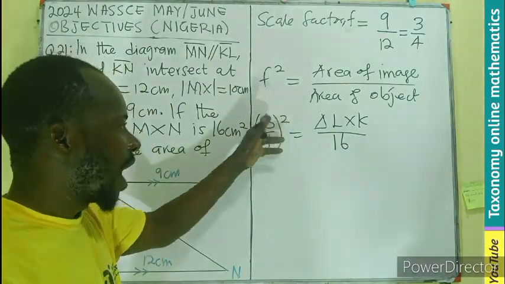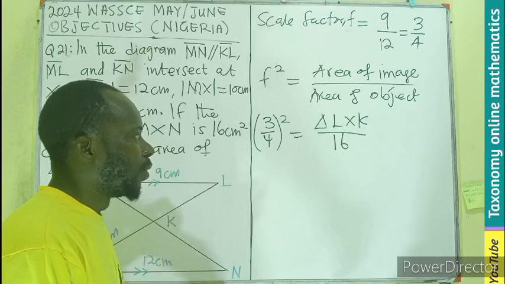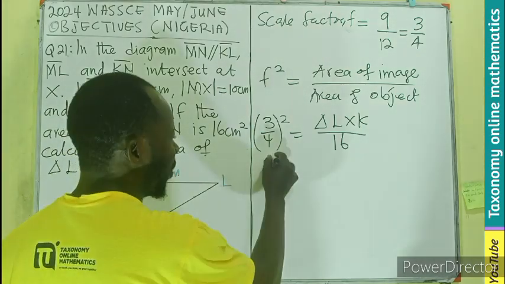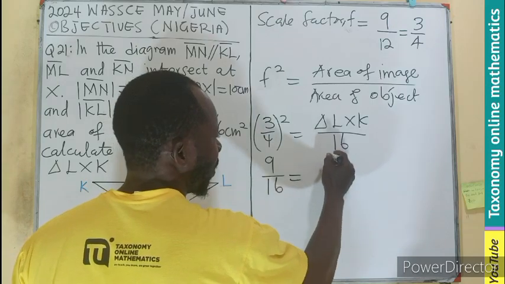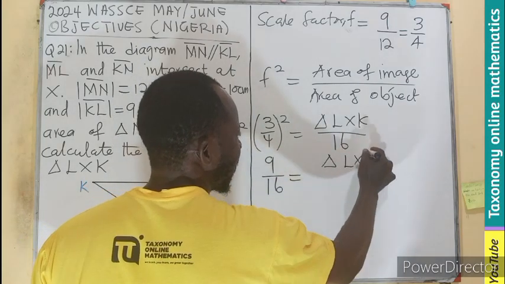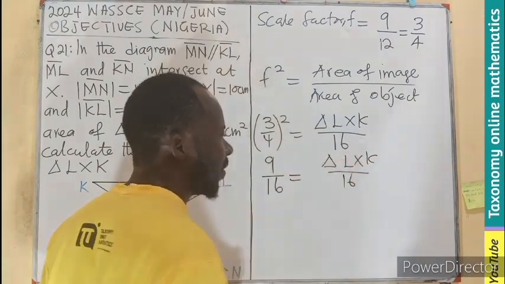So fast forward, the square affects both the numerator and the denominator. So 3 squared, that will be 9. 4 squared, 16 equals the triangle LXK over 16.